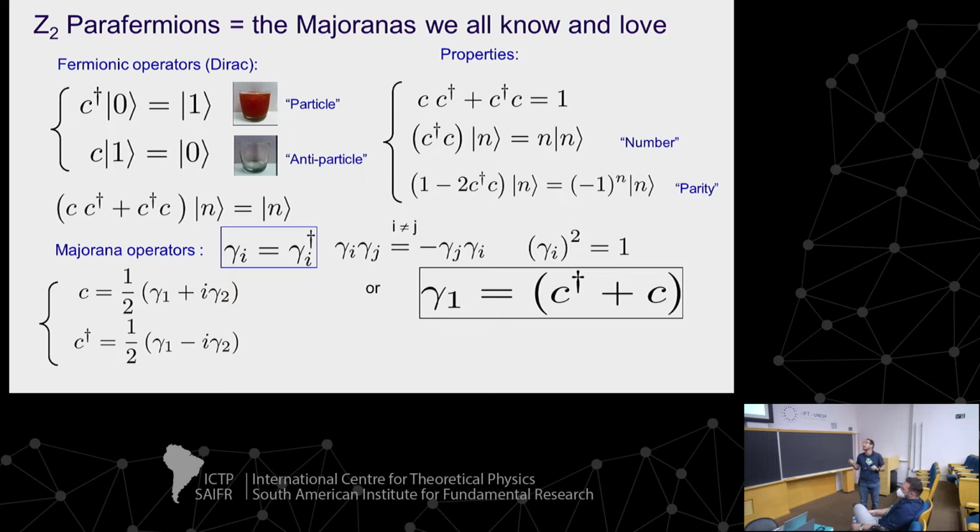You get the unity. And in fact, you can rewrite these fermionic operators in terms of these Majorana operators, and you recover the same algebra that you had there. And you can also do it the other way: you can write these Majorana operators in terms of purely fermionic ones. So this is Majoranas 101.